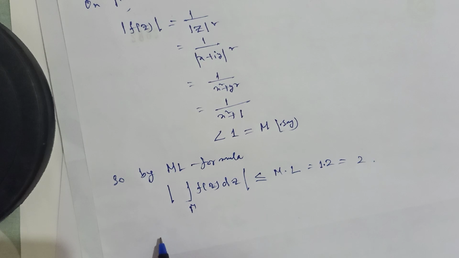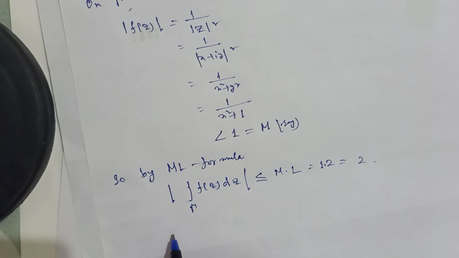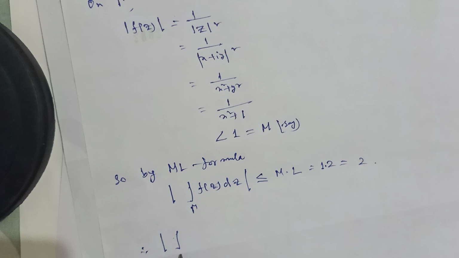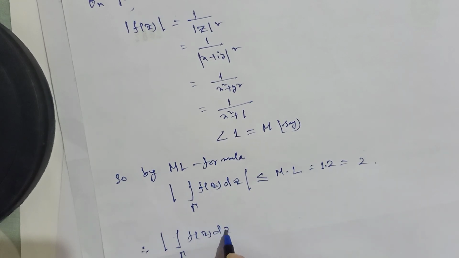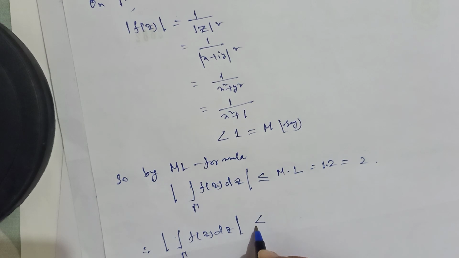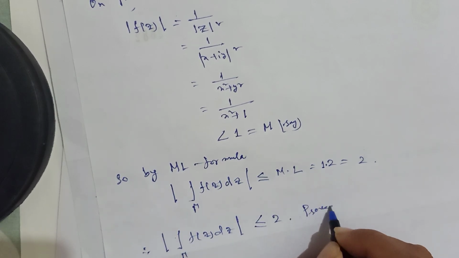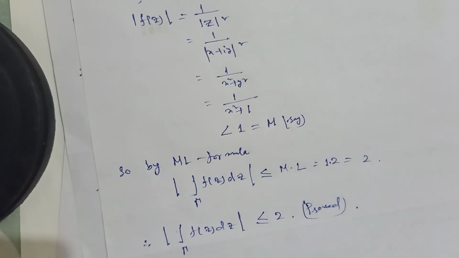So the mod of the integration over gamma of f(z) dz is less than or equal to 2. It is proved.